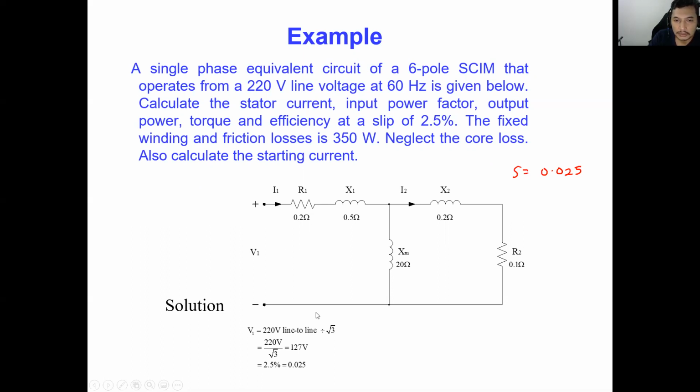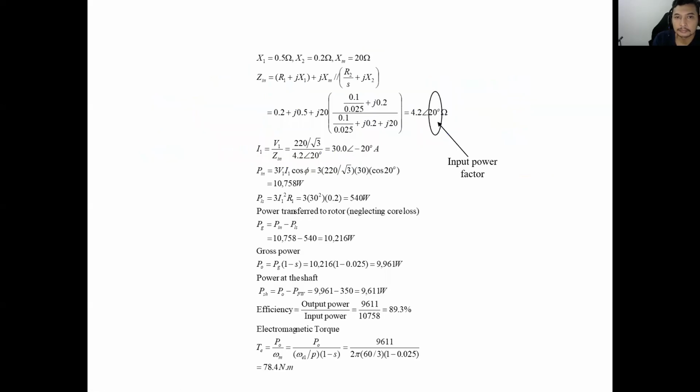So the solution is given here. So we have V1, I1, and R1, X1. XM is given as 20 ohms, X2 is 0.2, and R2 is 0.1 ohm. So first, what you need to do is get the input power.